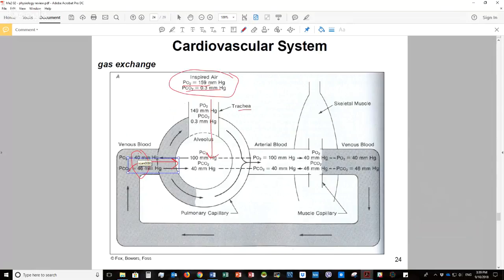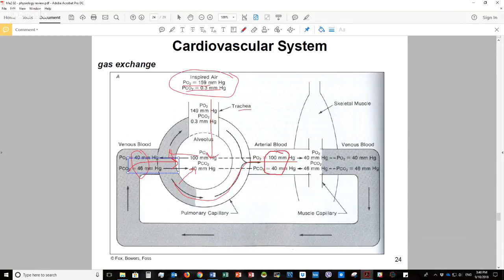It's almost got 50% oxygen. It's got a little bit more CO2, but compared to what's in the lung, proportionally, it's got a lot of CO2. So the CO2 bails into the alveoli, and the oxygen is like, hey, that's where I want to be. So it comes into the bloodstream and moves through.